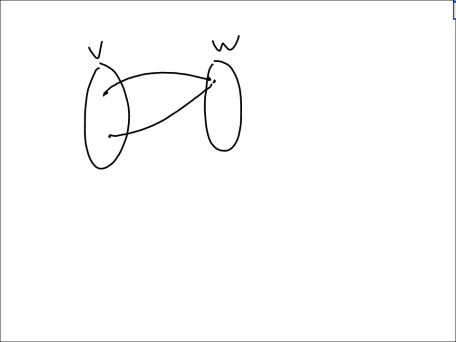And if it's 1 to 1, and you did have two things going, well, V1 and V2 actually are the same. We don't have this second distinct element. V1 and V2 are the same.